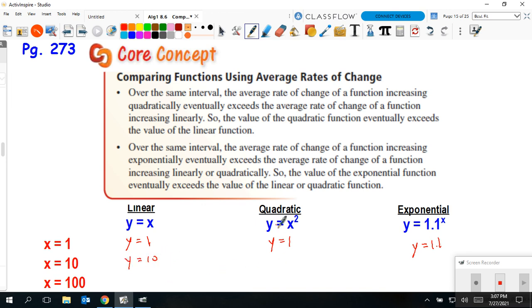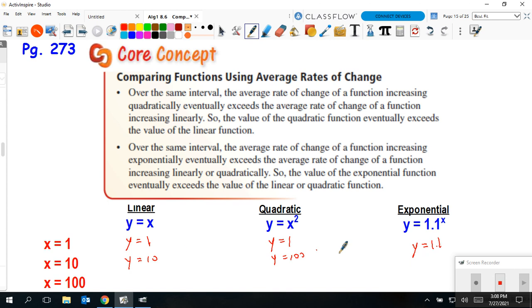And in this one, if you plug in 10, 10 times 10, you'll now have 100, if you think of this as dollars. So after 1 day, we have $1. After 1 day here, we have $1. After 1 day here, we have about $1. After 10 days, we have $10 in linear. After 10 days, we have $100 in the quadratic.